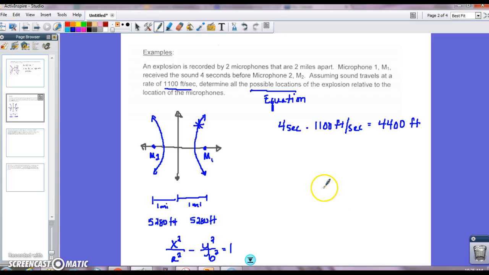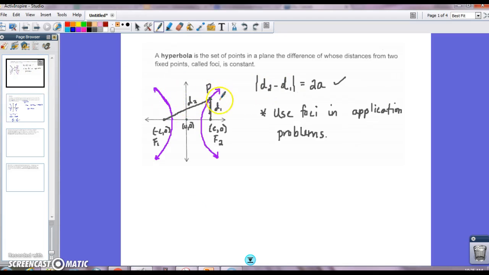If you think of it this way, the explosion is 4,400 feet farther away from microphone 2 than from microphone 1. We know then that 2a is going to be 4,400 feet, because 2a is the difference in these distances, d2 minus d1.